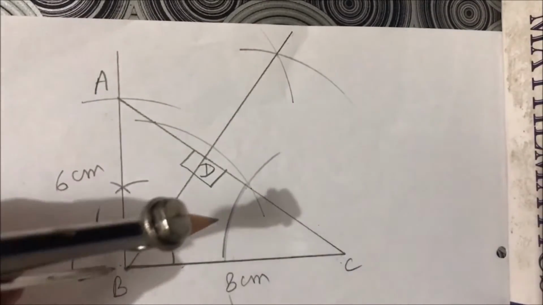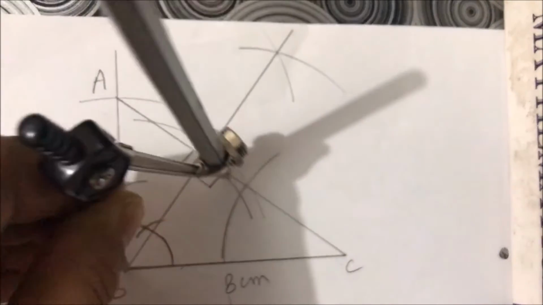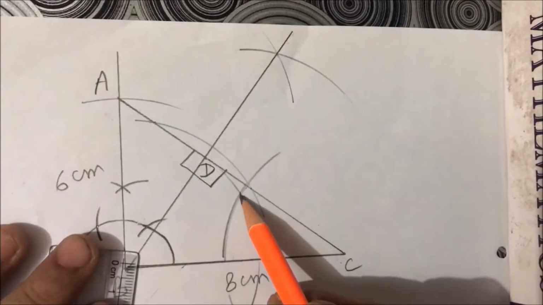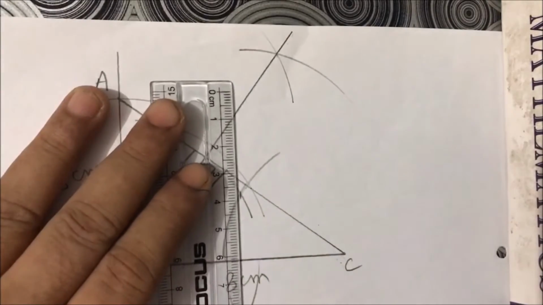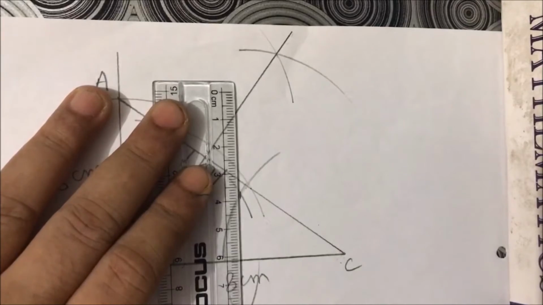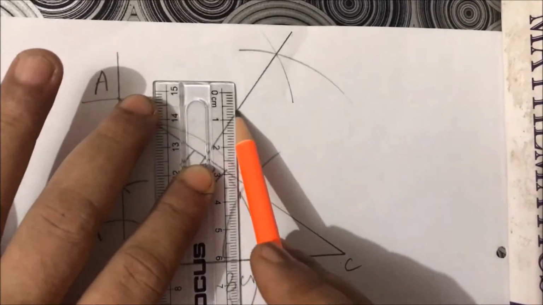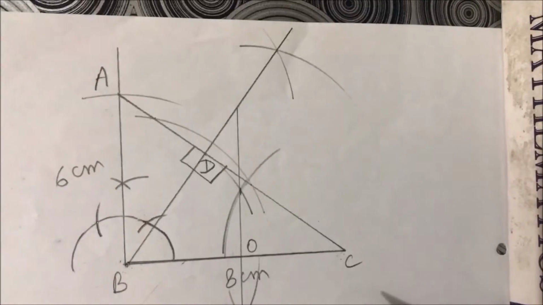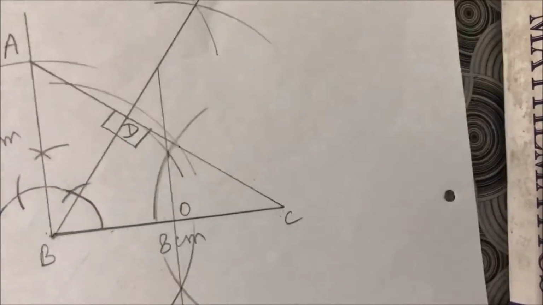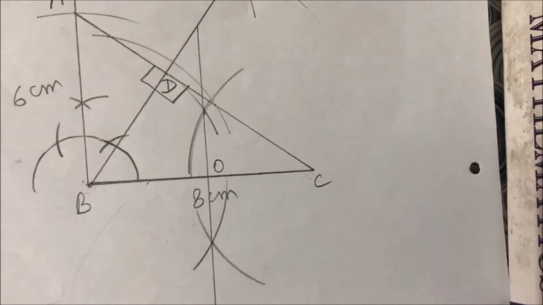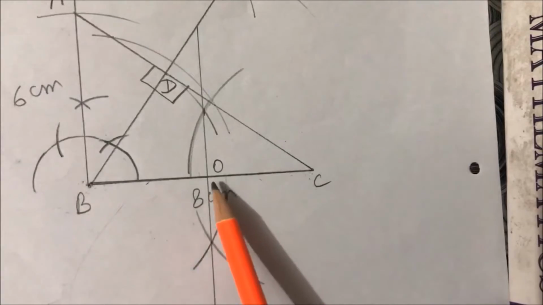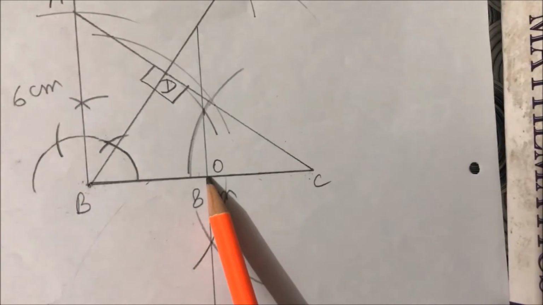With B as center again draw two arcs. Then join these two arcs to locate the midpoint of BC. This is the bisector of BC, which intersects BC at a point, name it as O.